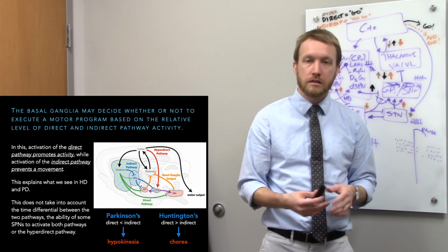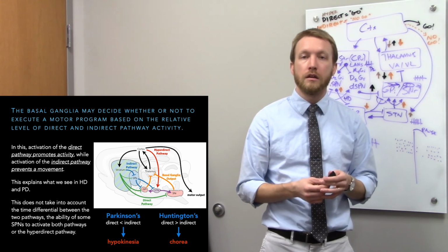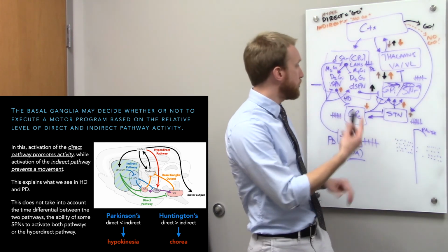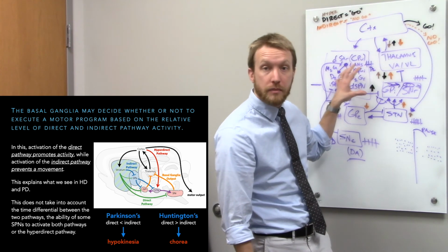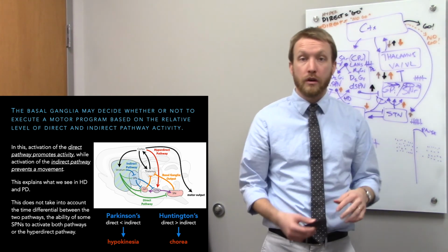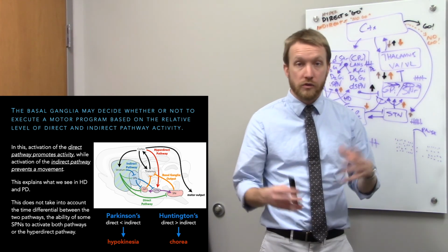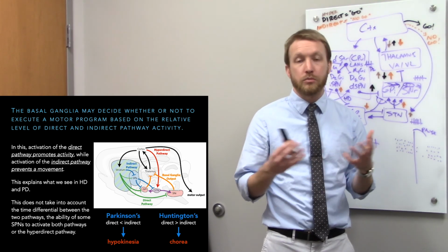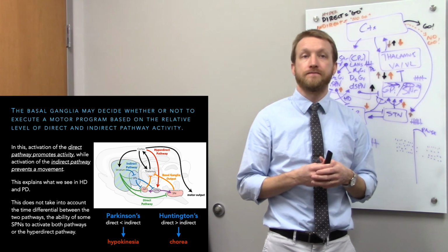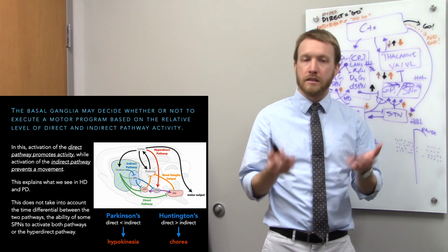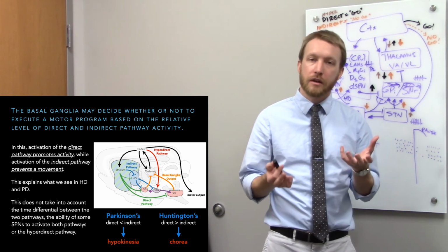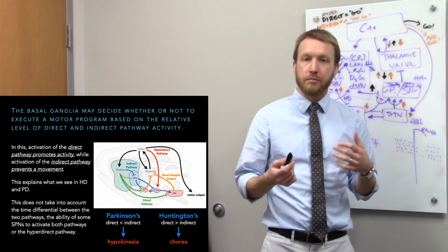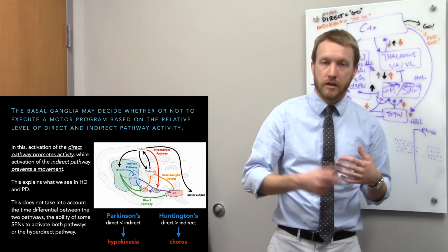You can also see this in people who use cocaine. So cocaine is going to increase dopamine levels, biases toward direct spiny projection neuron activity, and boy are they animated. They're moving all over the place, they love to talk, and that's just the basal ganglia inappropriately filtering their actions. So the balance in direct and indirect pathway can explain these differences in PD and HD.